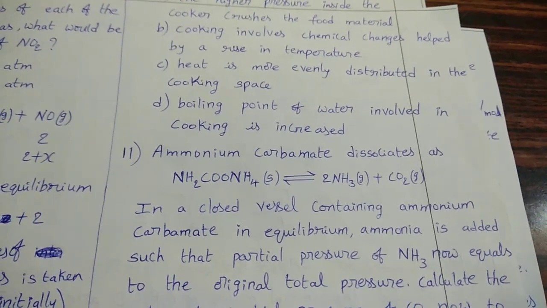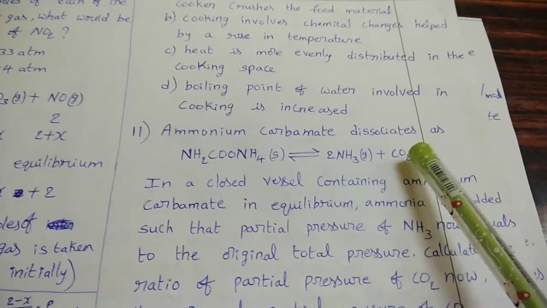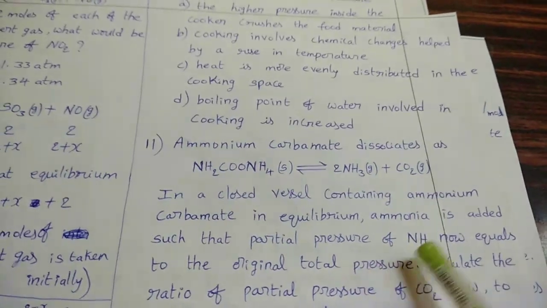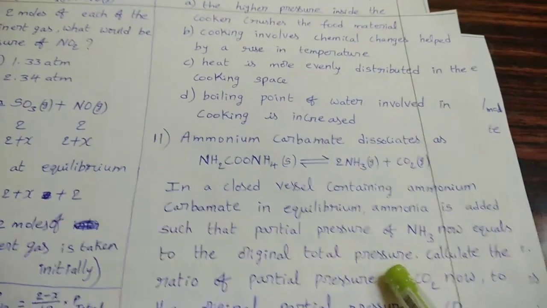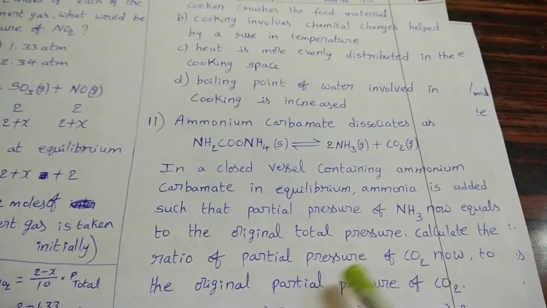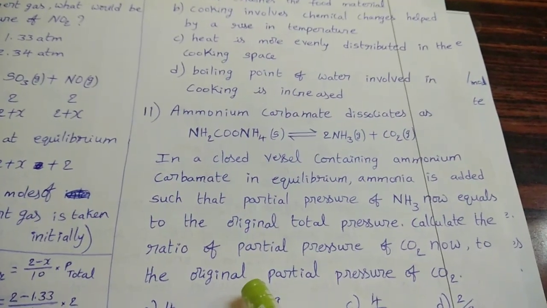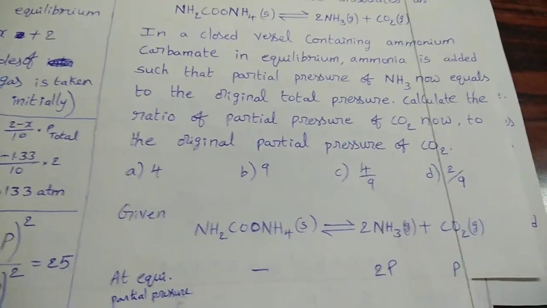In a closed container this reaction mixture is there, and ammonia gas is added. Then the partial pressure of ammonia is equal to the original total pressure. Calculate the ratio of the partial pressure of CO2 now to the original partial pressure of CO2. So this is the given condition.